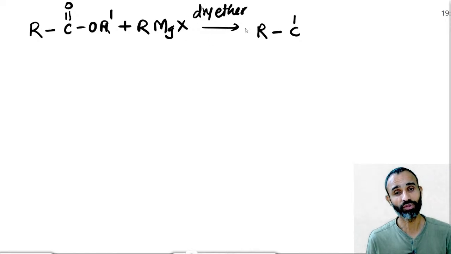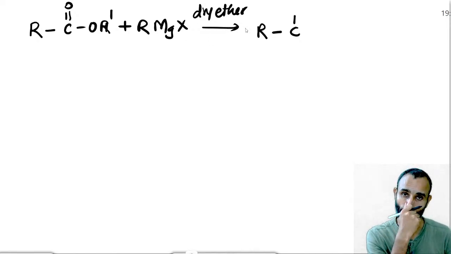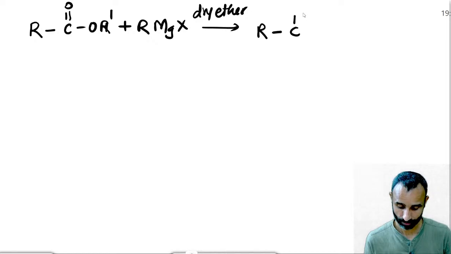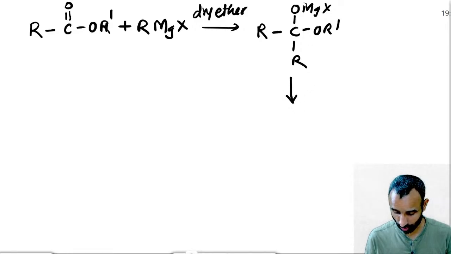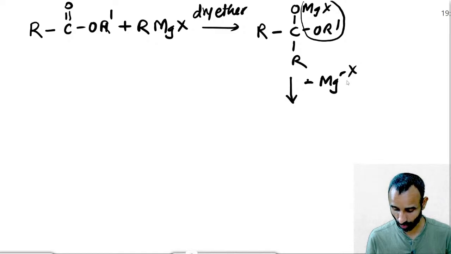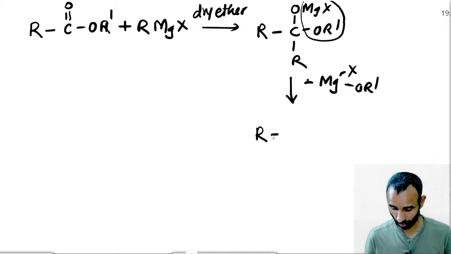Why is RMgX used in dry ether? To prevent formation of alkane. So it is R-C(OMgX)(OR dash)R. Here it first removes MgX and OR dash, so it leads to the formation of ketone.